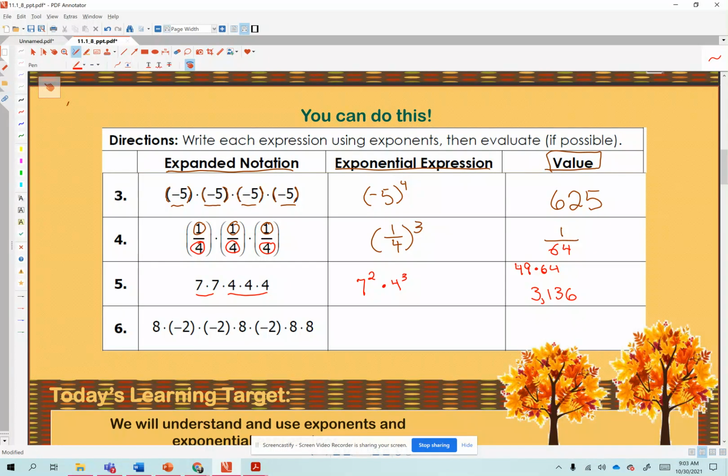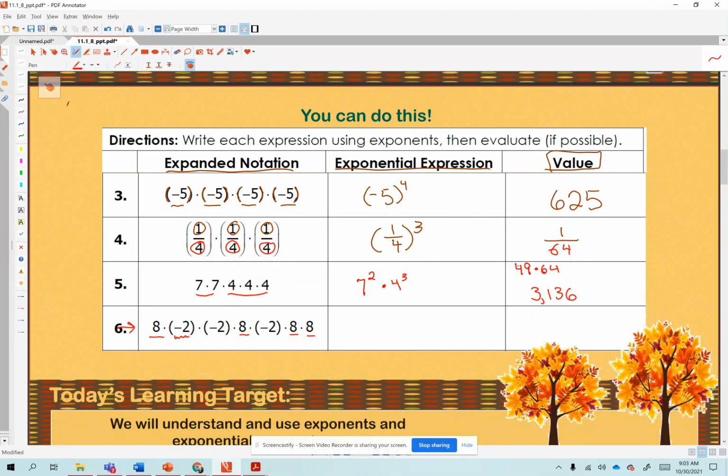Now let's move on to number 8. So we know that multiplication is commutative, so order does not matter. So what we want to do is gather these bases up in a way that makes sense. So I have an 8, an 8, an 8, and an 8.